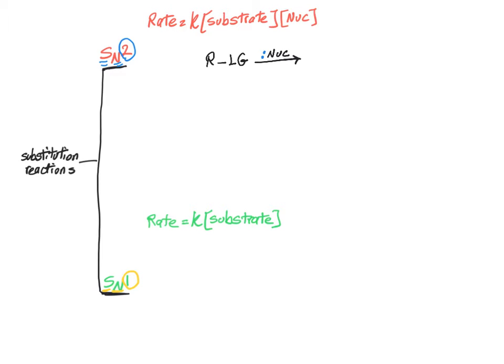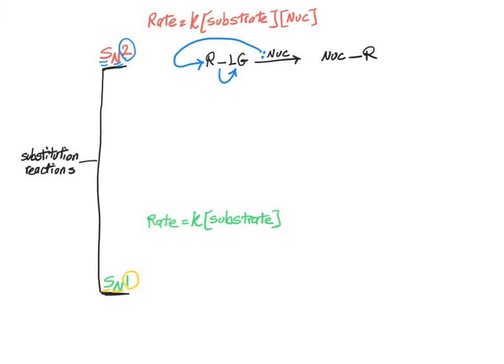SN2 is a one-step process. The nucleophile attacks the substrate from the backside and the leaving group leaves. Nucleophile attacks the substrate means that a new bond starts to form between the lone pair of the nucleophile and the electrophilic center of the substrate.